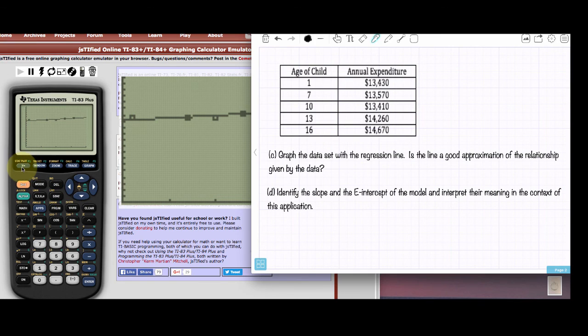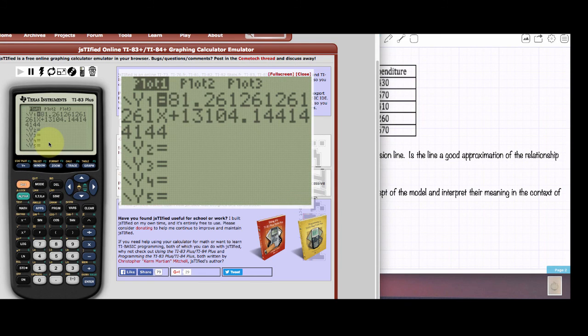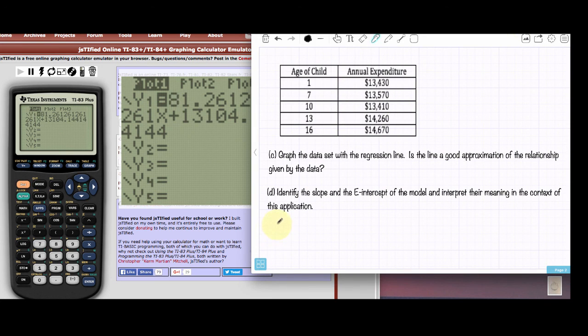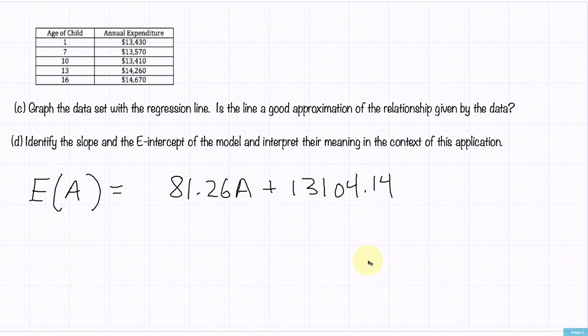So looking at my Y editor, I don't want to write all those decimal points when I write it out, so I'm just going to say the expenditure as a function of age is approximately 81.26 times the age plus 13104.14, so that we're rounding them both to about 2 decimal places. So now you can see the slope and the Y-intercept.